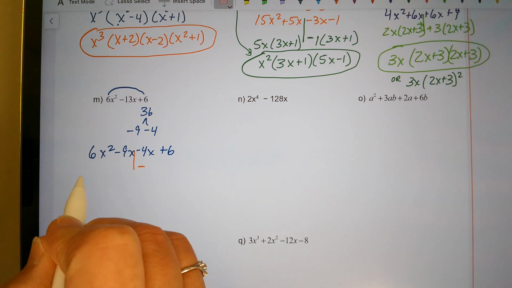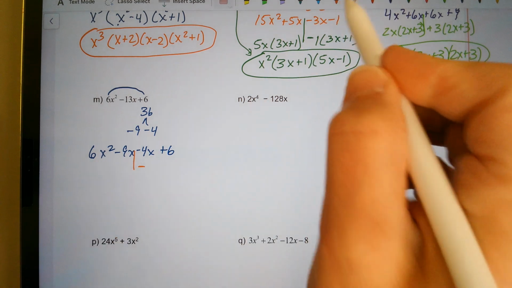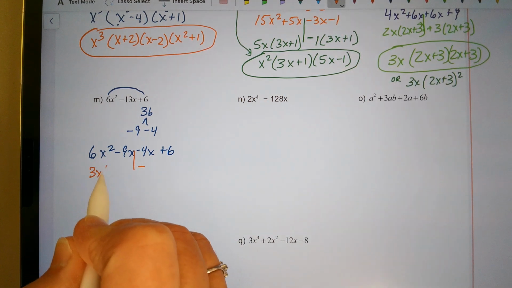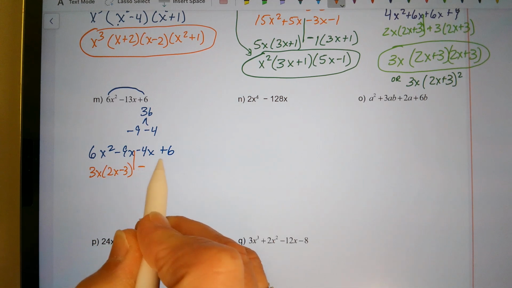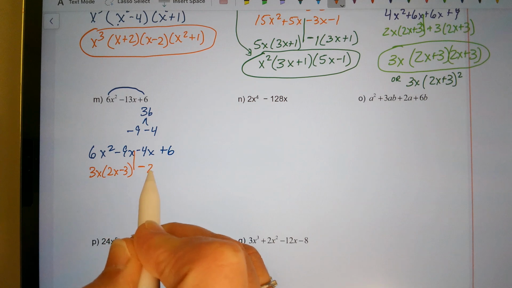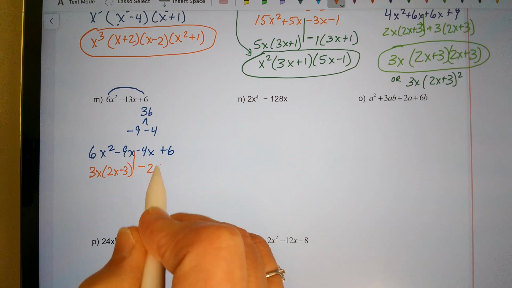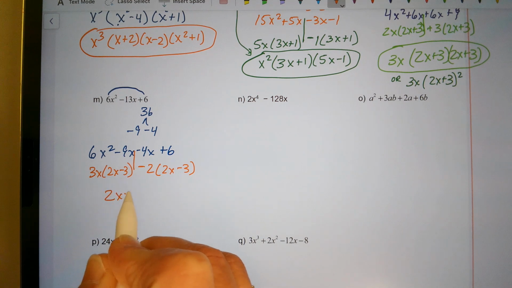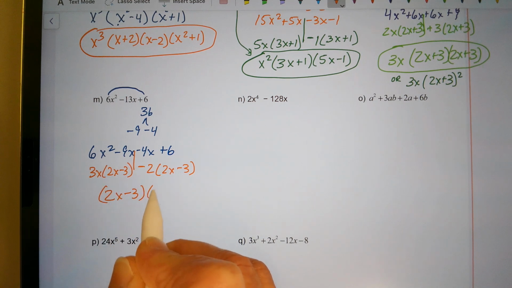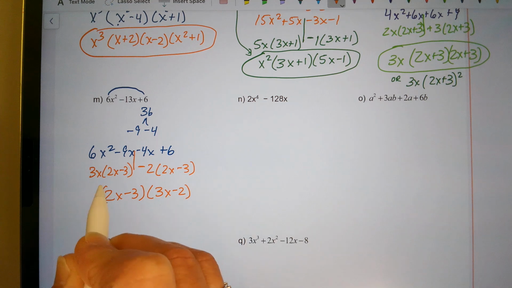What's common here is 3x. 2x minus 3 in parentheses. Common to these two terms is 2, where you're taking out a negative 2. So 2x minus 3. So 2x minus 3 is one factor, and 3x minus 2 is the other factor.